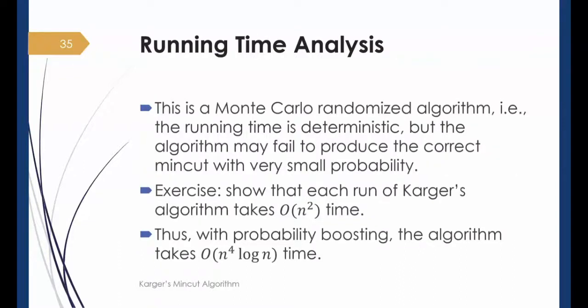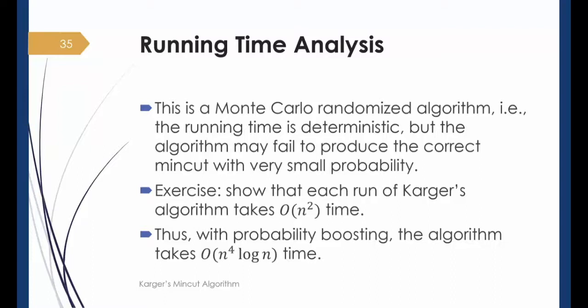We are finally left with running time analysis. This particular algorithm is a Monte Carlo algorithm. So the running time is actually a deterministic quantity. Of course, the algorithm may fail to produce the correct min cut, but with a very small probability. A quick exercise here: you have to show that each run of Karger's algorithm takes O of n squared time.